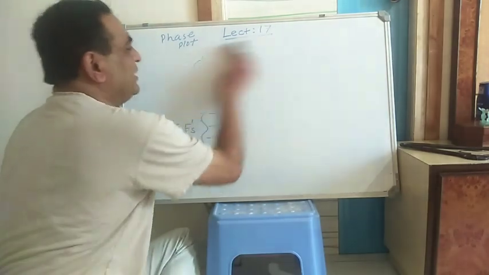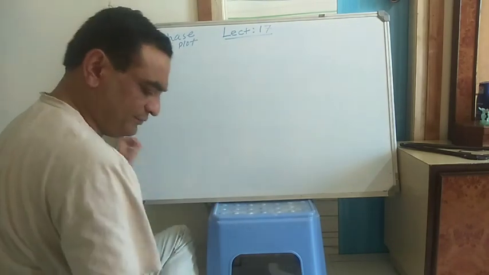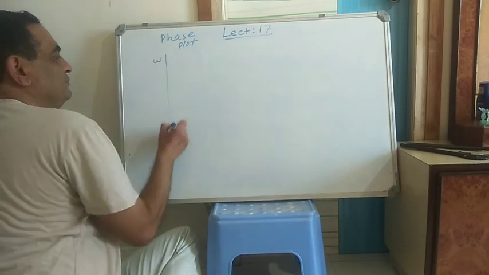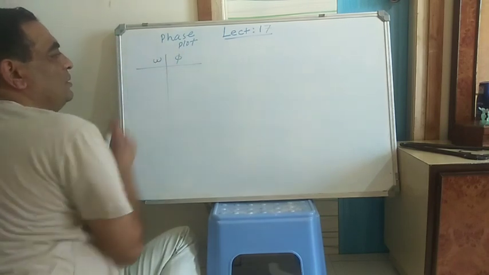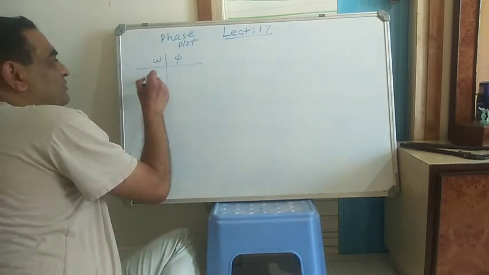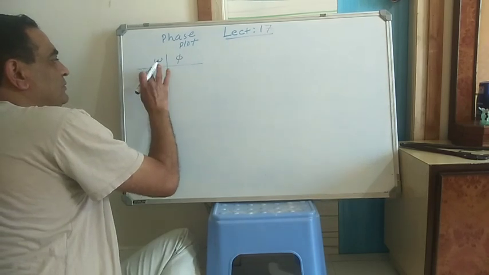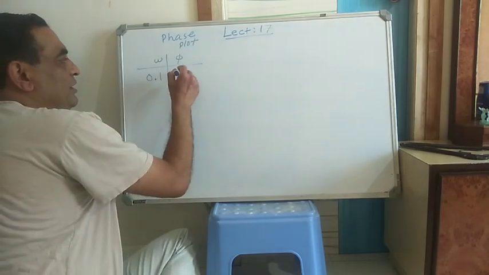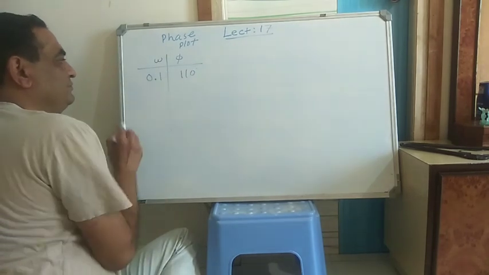So arbitrarily I am writing some omega and phase. Let's say I am preparing a table. Let's say omega is 0.1 and phase was, let's say, minus 110 degree.